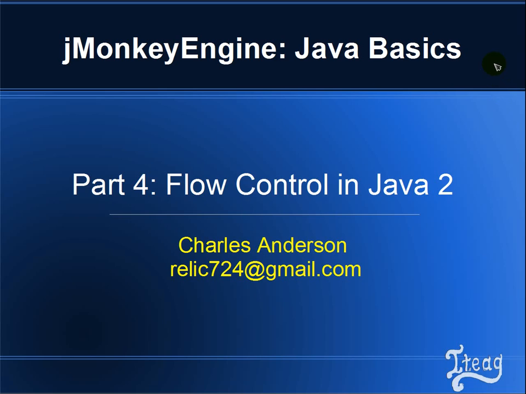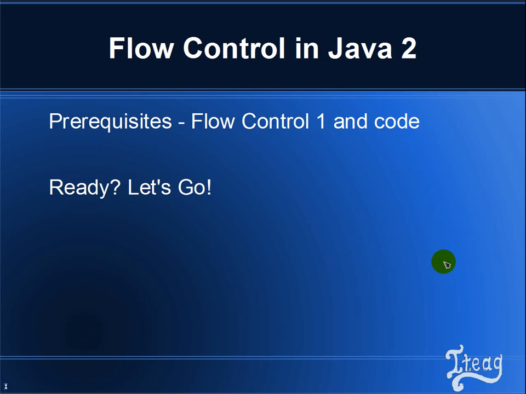So this was going to be 2 of 2. It's going to be 2 of 3 now. So we're in part 4, Flow Control in Java 2. So part 5 will contain part 3. Go figure. All right, but for this one, our prerequisites are Flow Control 1 and the code. So you've got to have gone through Flow Control 1 and the code. And are you ready? Let's go.